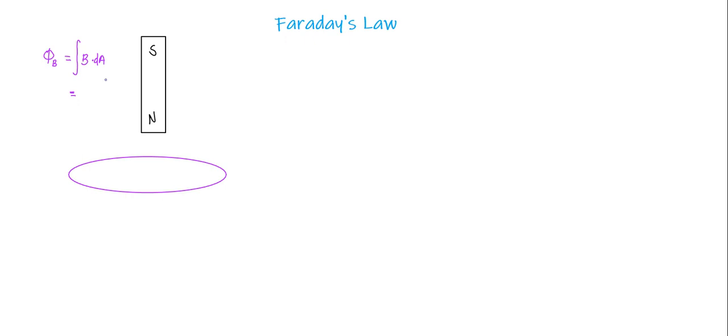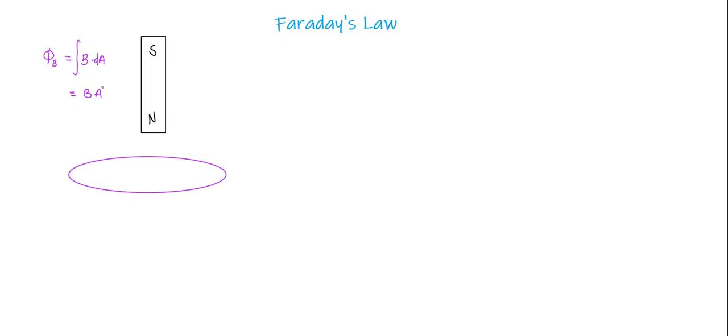Or if it's constant, we could just write it as B times A. We can also write it as B times A if the angle between the area vector and the magnetic field lines is 0 or 180 degrees.